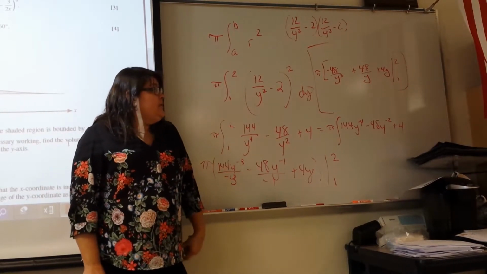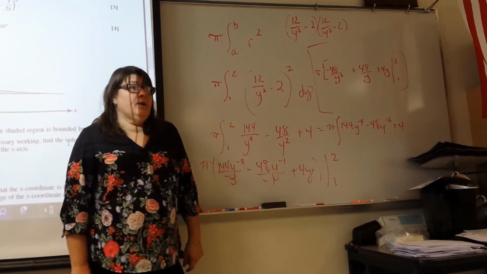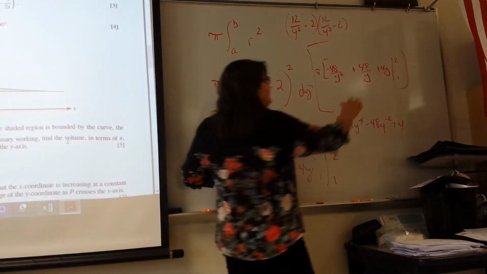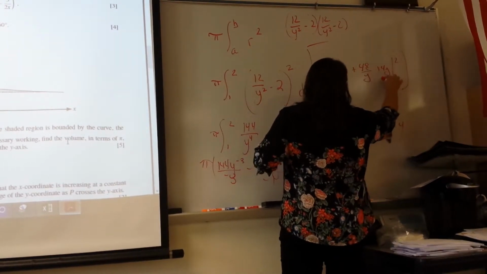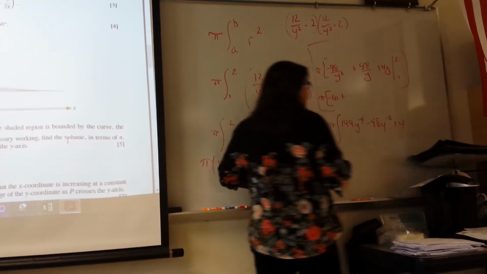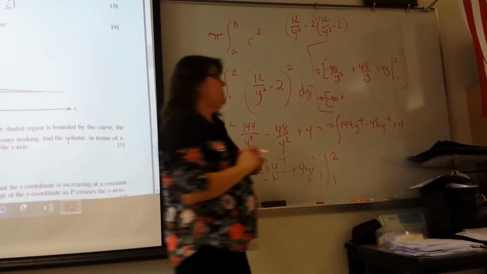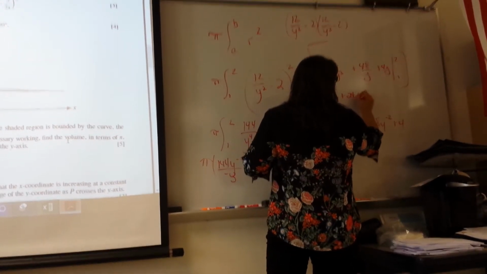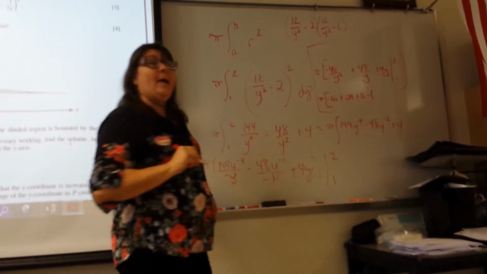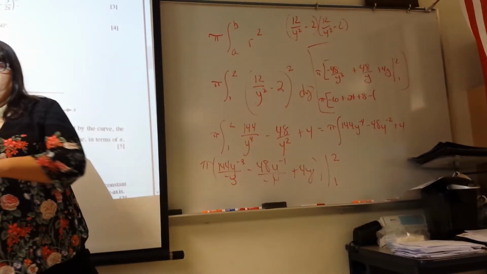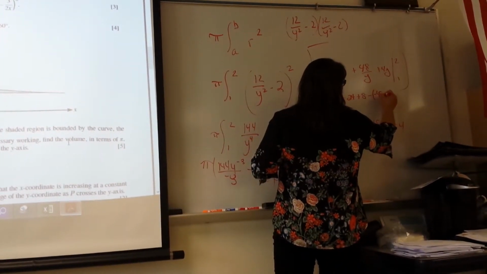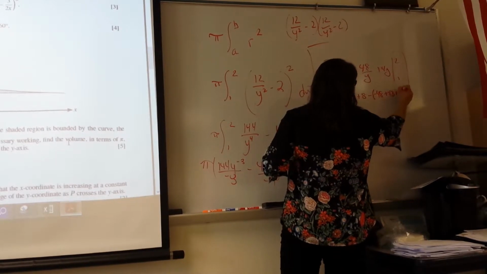So if I put in 2, I get negative 48 over 8, which is -6. I'm going to plug it in all the way across. So I've got pi times -6, plus 48 divided by 2, 24, plus 2 times 4, 8, minus. Now I'm going to plug in 1 in every single one of them: negative 48, plus 48, plus 4.